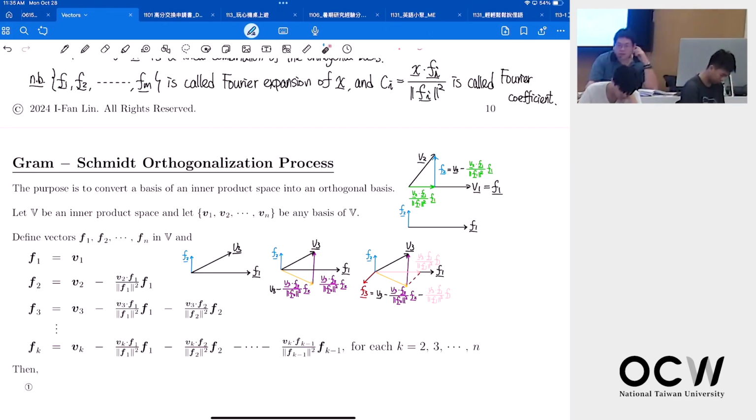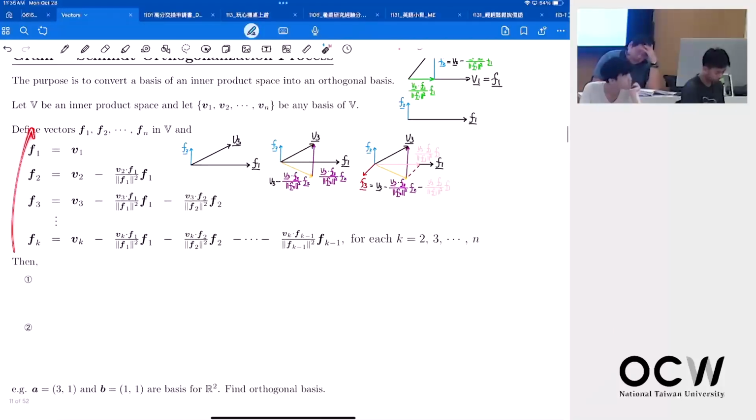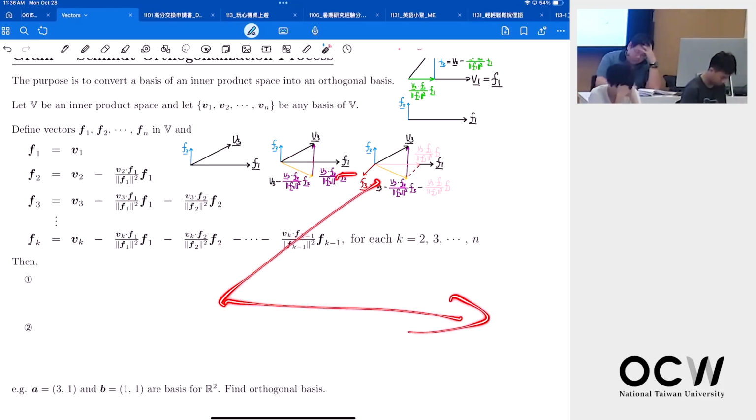In your homework, this could be one of the applications that you can investigate. And I can tell you that this one will definitely be in your exam. So let me say this again. Suppose I have 3 vectors or n vectors, 3 vectors for example.